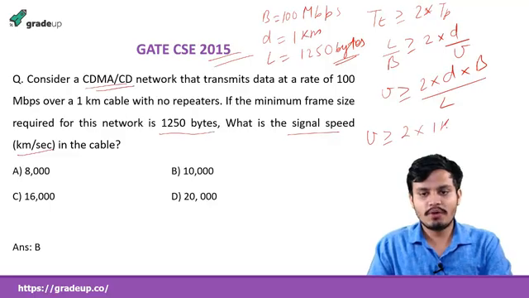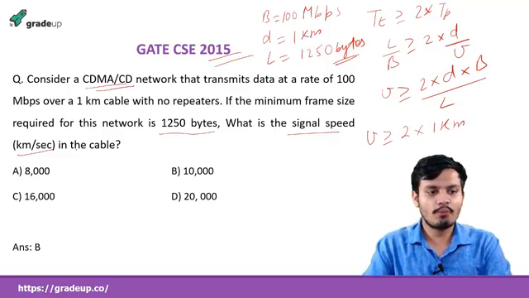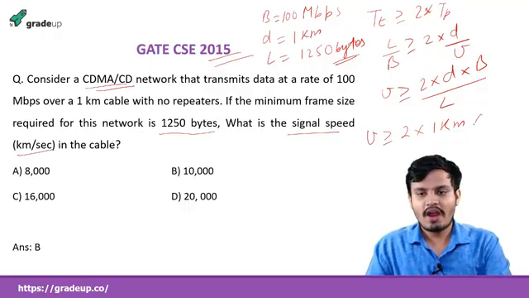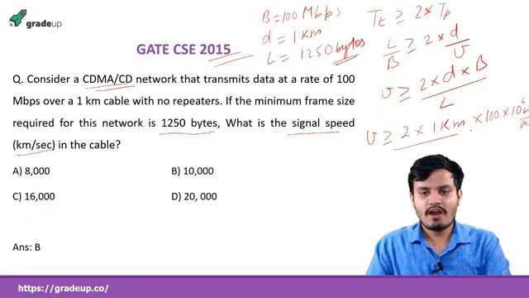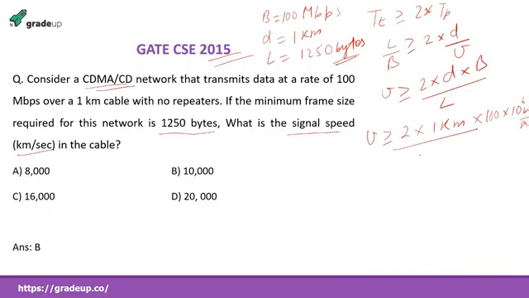D is 1 kilometer, and we need to get our answer in kilometer per second, so that is fine. And what is the bandwidth? Bandwidth is 100 Mbps, 100 into 10 raised to the 6 bits per second. And what is the length L? That is 150 into 8 bits.